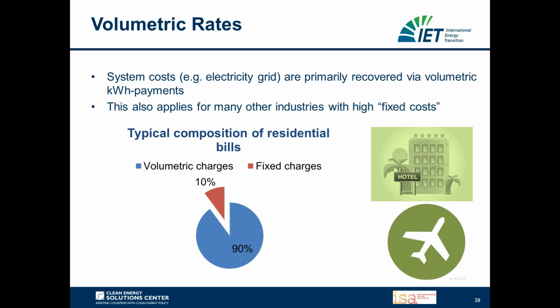And we already had this discussion about fixed cost and variable cost in the electricity system. I just wanted to highlight on this slide that also other industries where you have higher fixed cost, for instance, the airline industry, where you of course have the airplanes which you have to buy in advance, or the hotel industry, where you first of all have to build the building and then have customers. Many of these industries actually work on a purely volumetric basis, because once you start an airline company, you don't have a set of customers which pay you a certain fixed charge, but you will actually have to recover all of your costs.